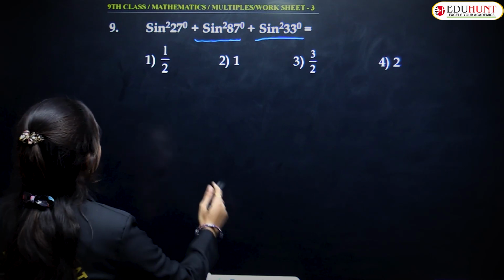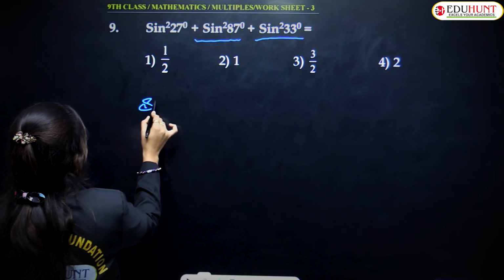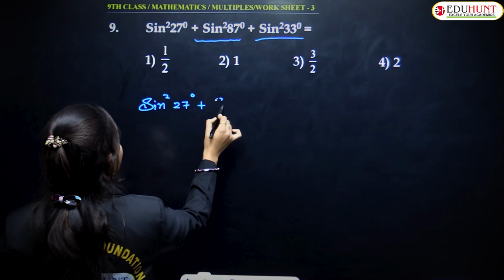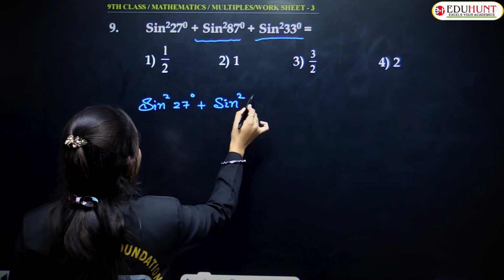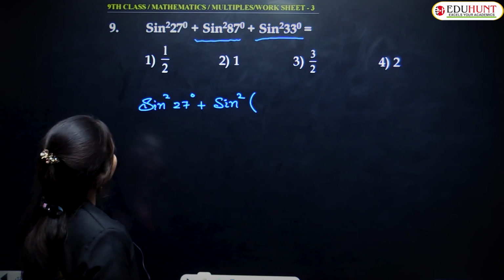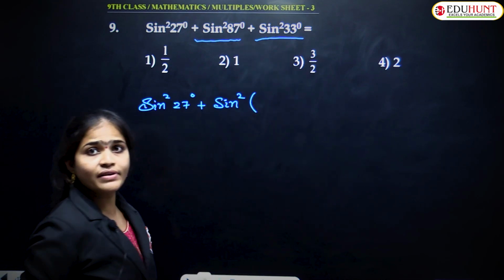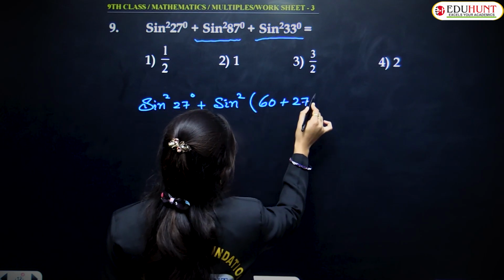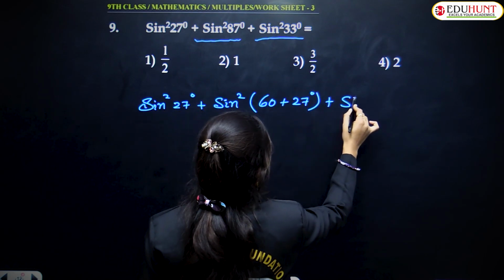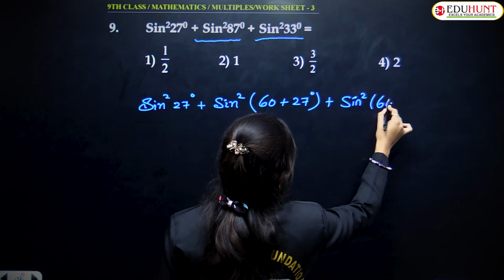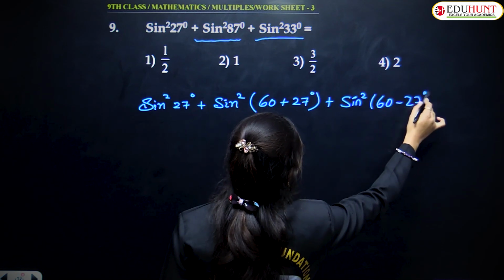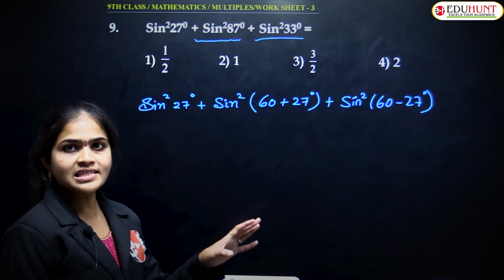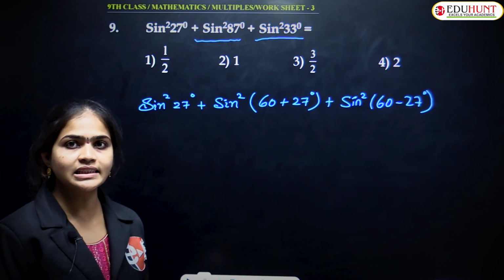This we can write as sin square 27 degrees plus sin square 60 plus 27 degrees plus sin square 60 minus 27 degrees. Understand? So we can write it like this. Children, just observe which identity this is related to.